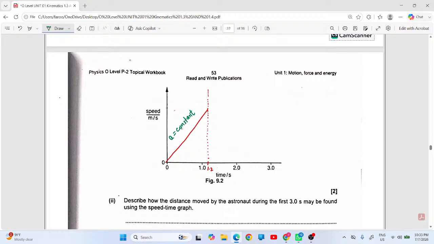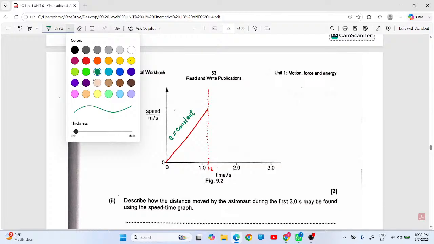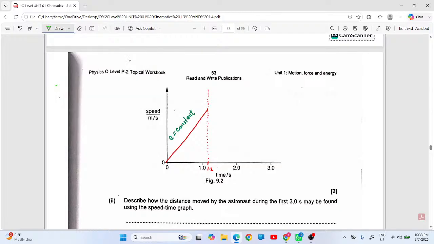And after that, what was said? Acceleration becomes zero. When acceleration becomes zero, the speed becomes constant. So if the speed becomes constant, acceleration becomes zero.